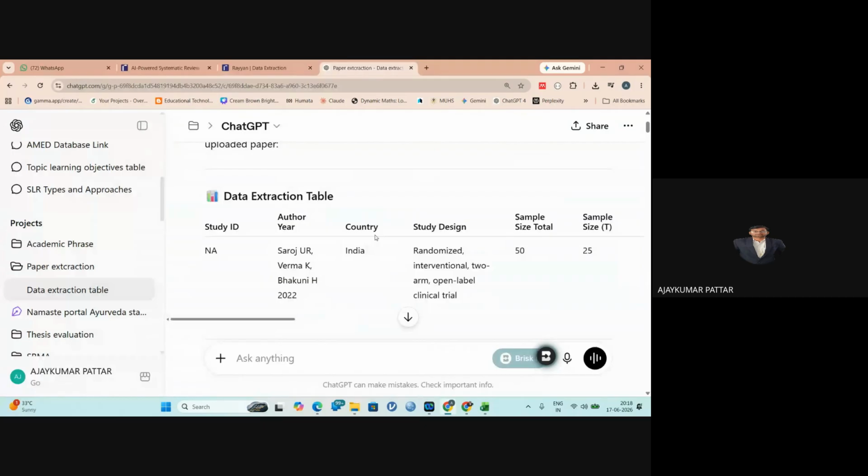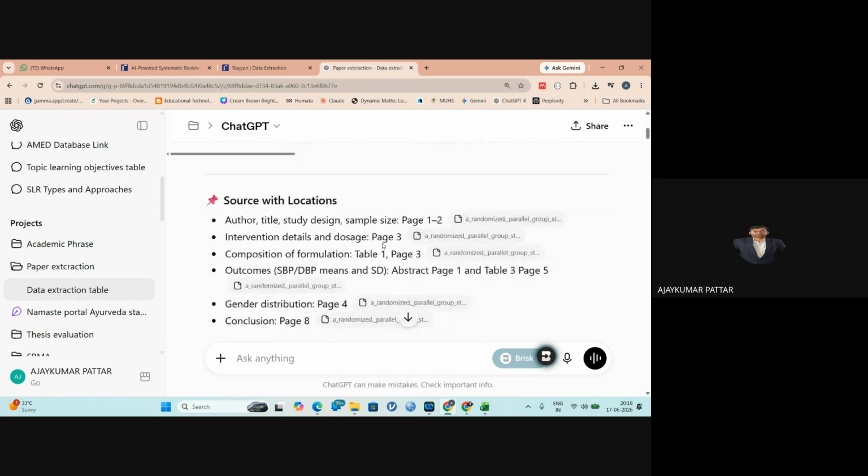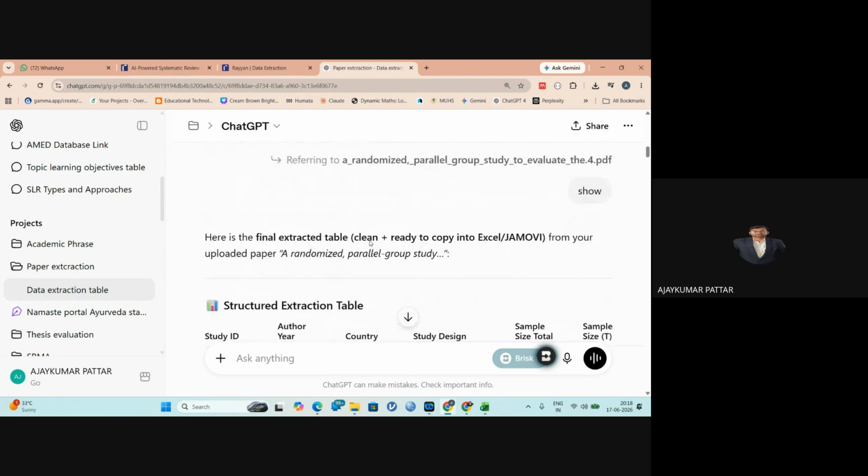For example, what I have done, one free version. How to make these projects, I have explained in my AI in research video. What I have done, I have given the instruction to ChatGPT to make a project. In the instruction I have uploaded the Excel sheet with these particular headings: study idea, author, year, and everything. So it will do everything in the same manner.